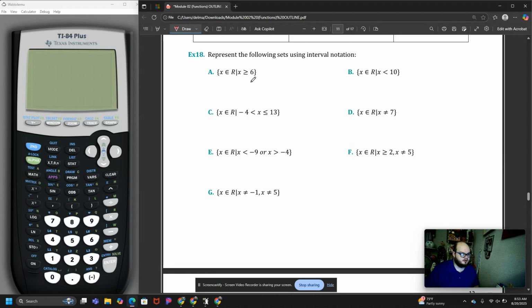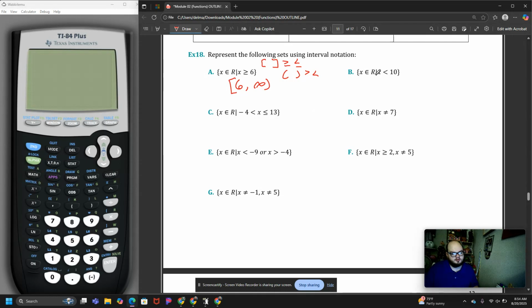So that means that x could be anything larger than 6. It says equal to. Remember, equal to has these brackets. If you've got this symbol, it's got those. If you've got this symbol, you have parentheses.